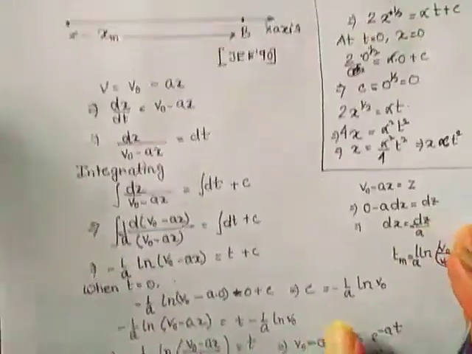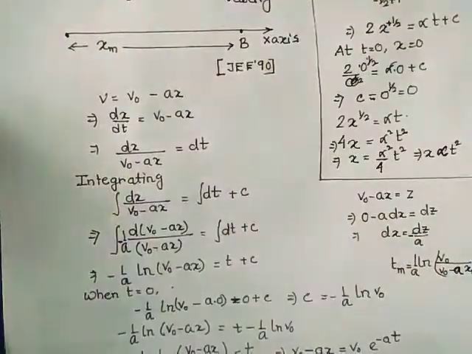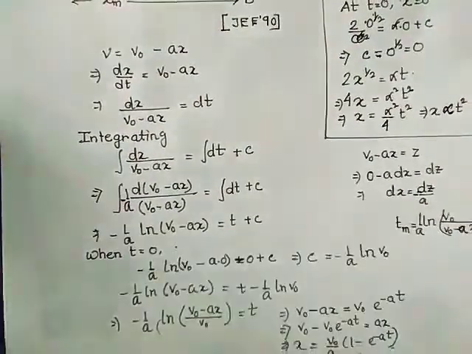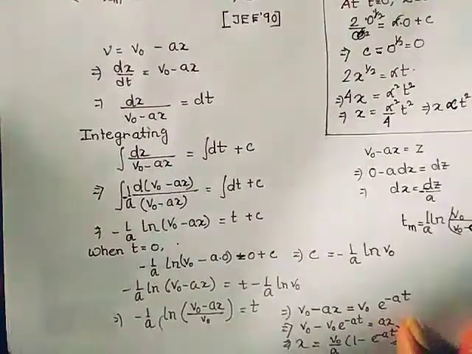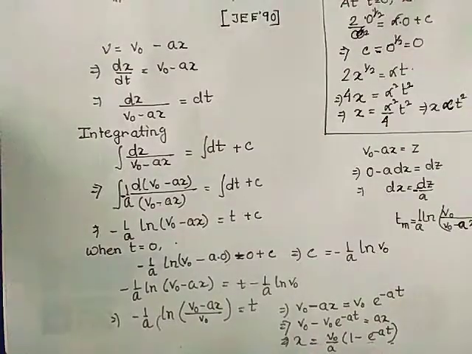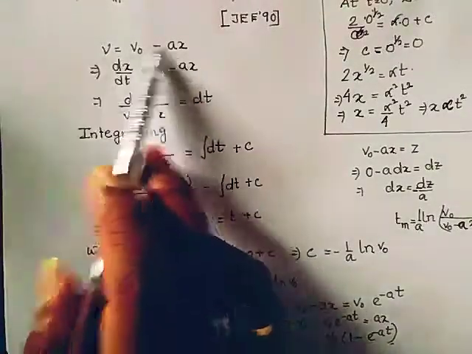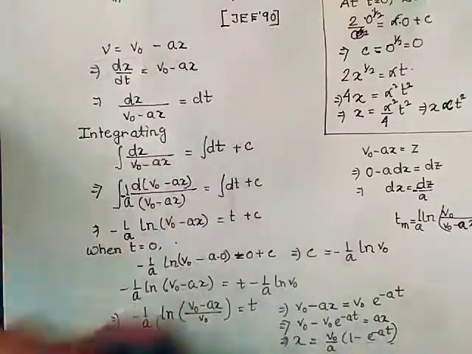So it will reach the point B after this time, which we get from this equation, and this is the equation of motion of the particle if v equal to v naught minus ax is satisfied here.